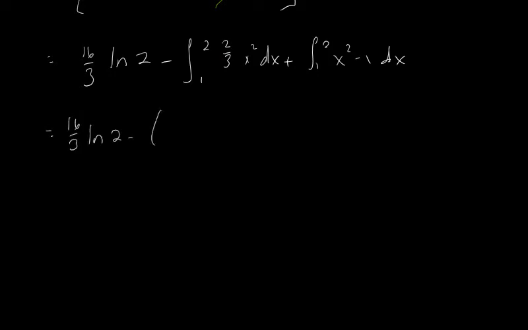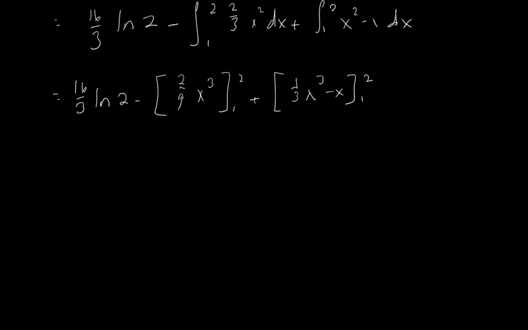Okay, so we get 2/3. Well, if I add 1 and divide, it becomes 2/9, right? So 2/9 x cubed, evaluated from 1 to 2, plus 1/3 x cubed minus x, evaluated from 1 to 2. All right, so let's crank through this.